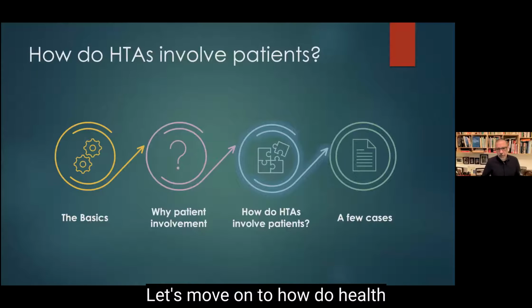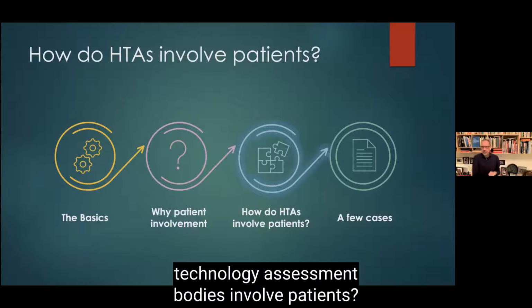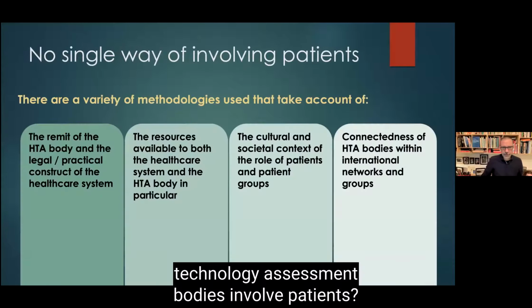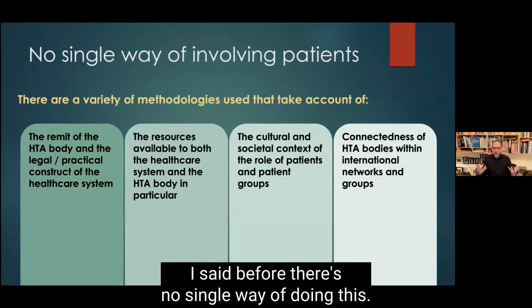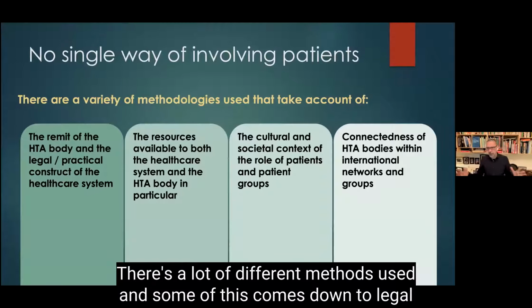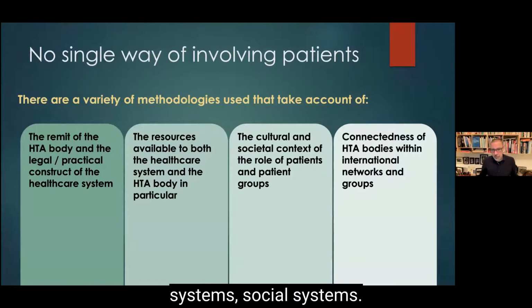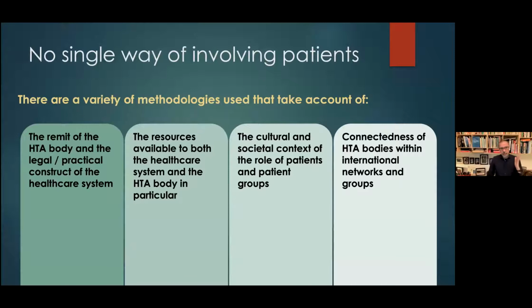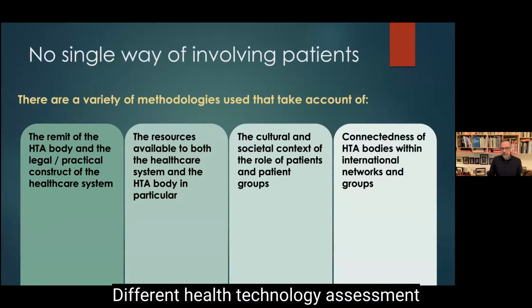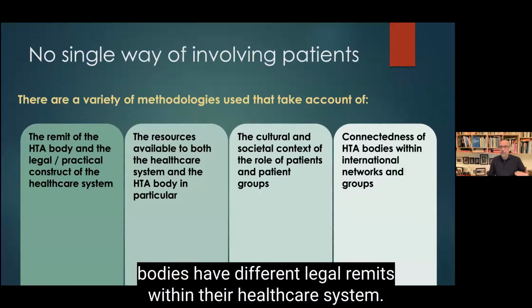So let's move on to how do health technology assessment bodies involve patients? Well, I said before, there's no single way of doing this. There's a lot of different methods used. And some of this comes down to legal systems, social systems. So different health technology assessment bodies have different legal remits within their healthcare system.